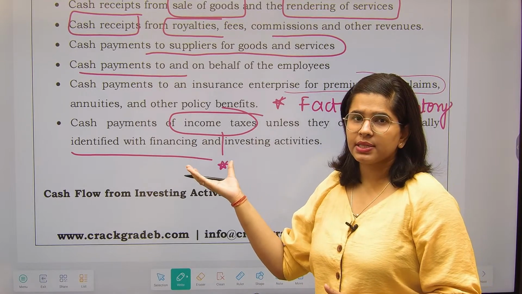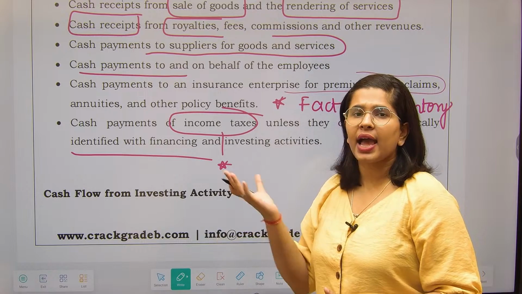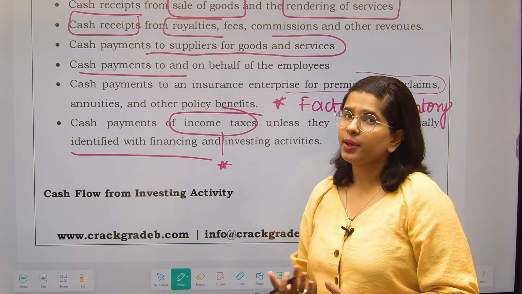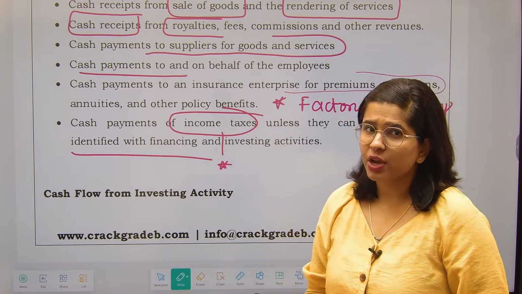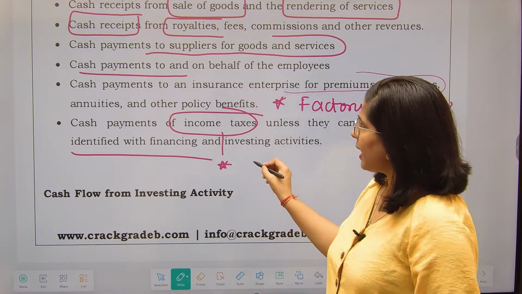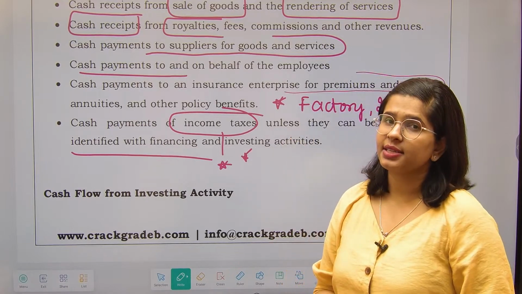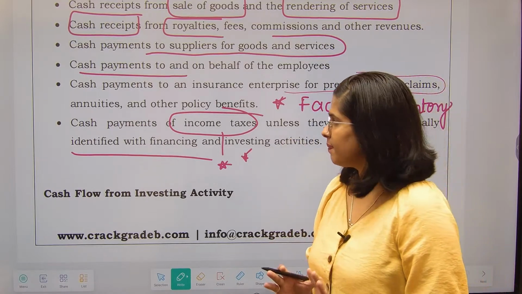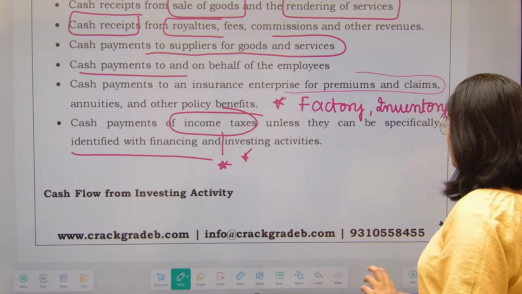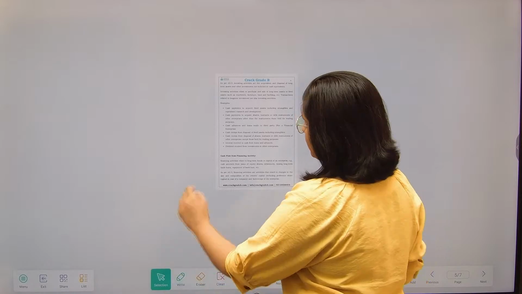In that particular business I am earning some profit. So when profit is coming, tax also has to be paid. If you are earning profits, then you have to pay the cash as well, you have to pay the tax as well, right? So income tax is paid, and such income tax is taken as an operating activity. Okay? Now that is done. Next our target is investing activity.